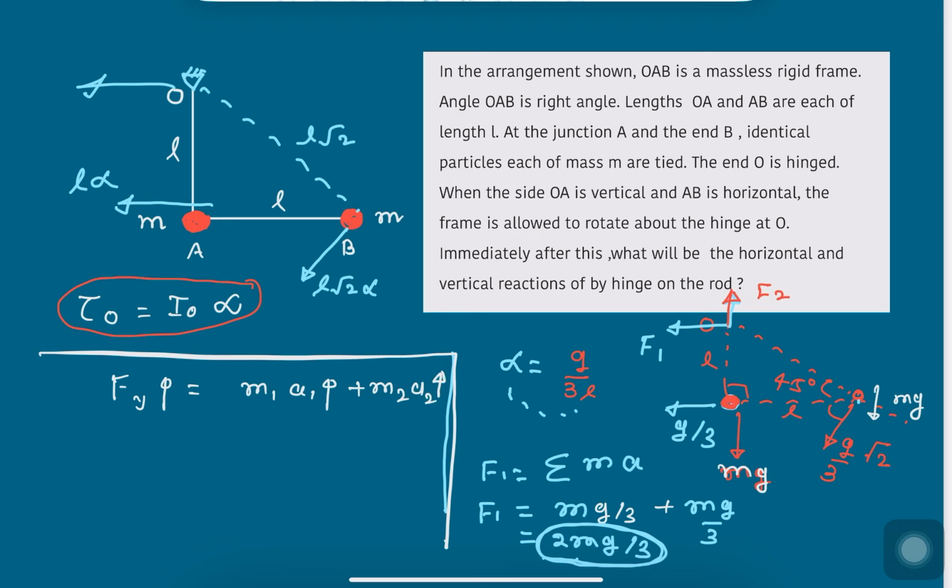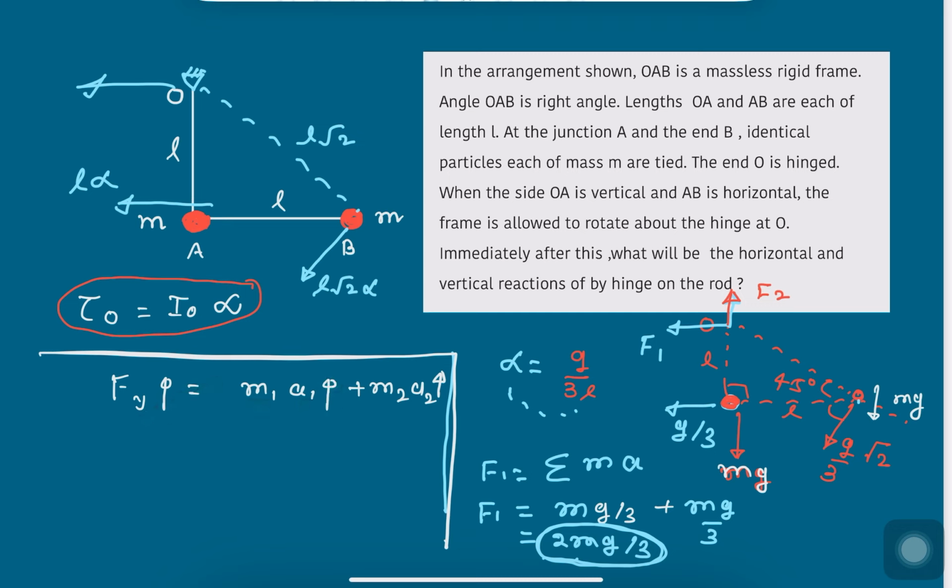The same relation which I explained here is used here. So for a many particle system, we apply Newton's second law in this form: force in any direction on any bigger mass system will be equal to the mass of each particle into the acceleration of that particle in the direction of applied force.